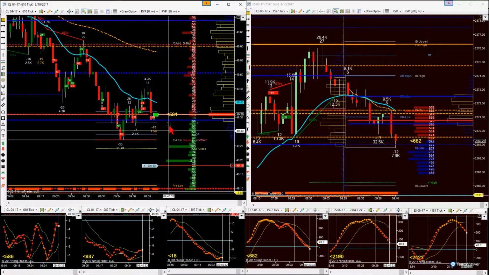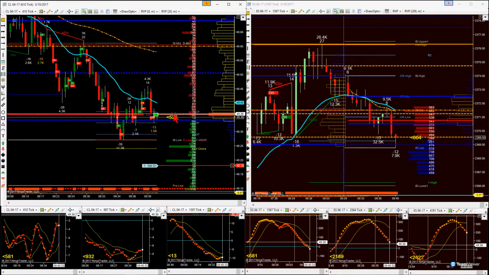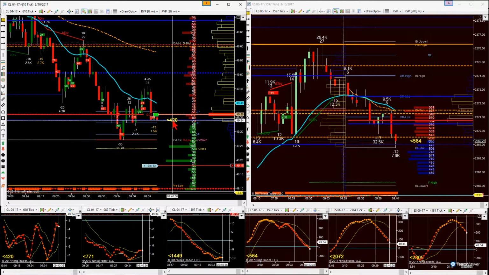Positive divergence on the 610. Positive divergence on the 987. We're right back to this VPOC that we were looking to hold.